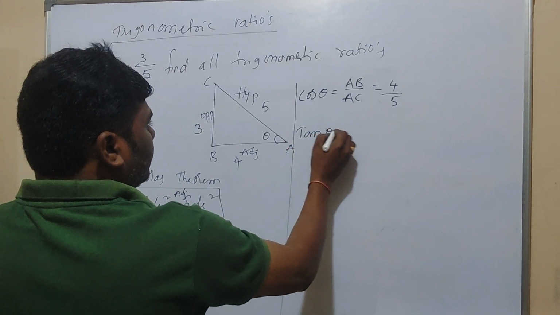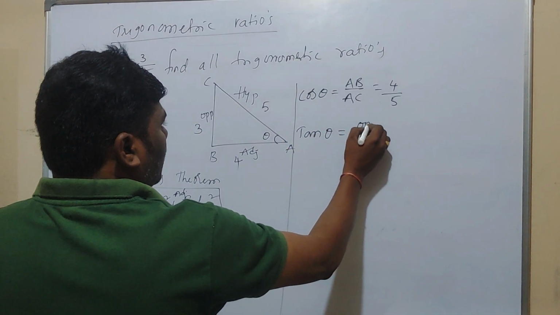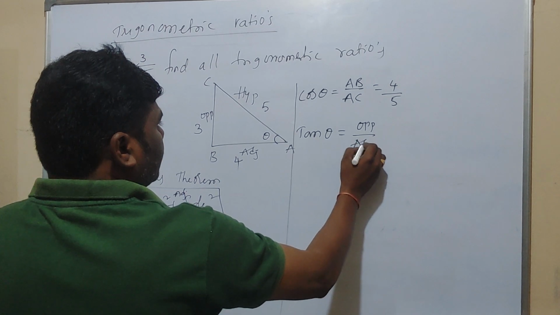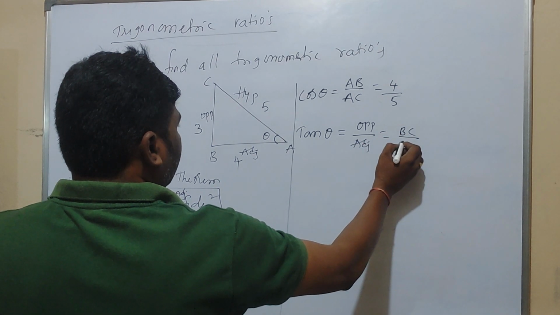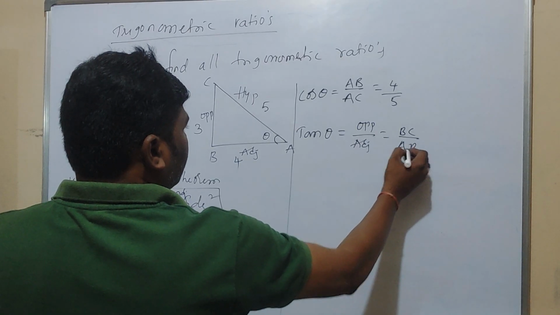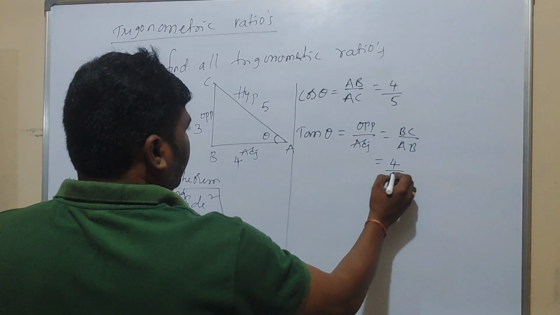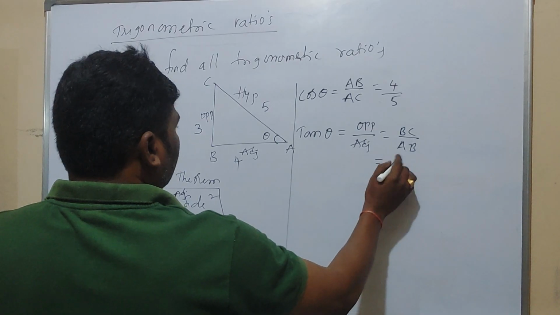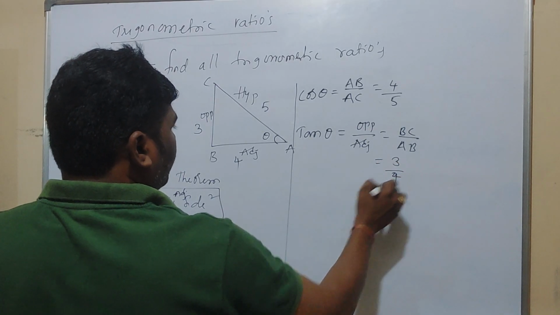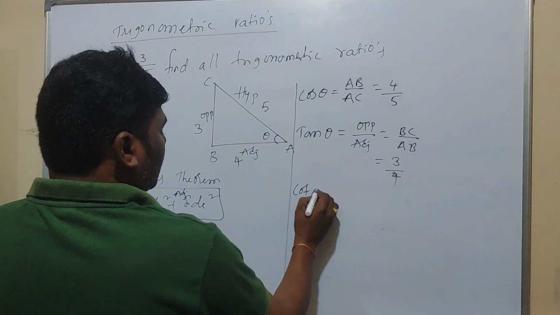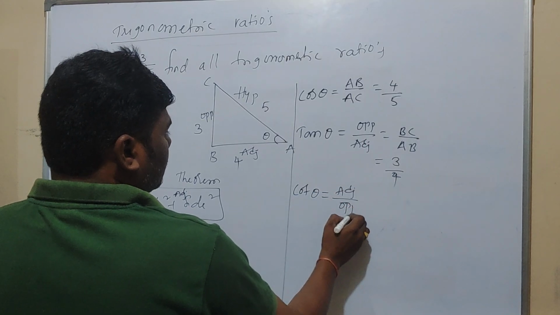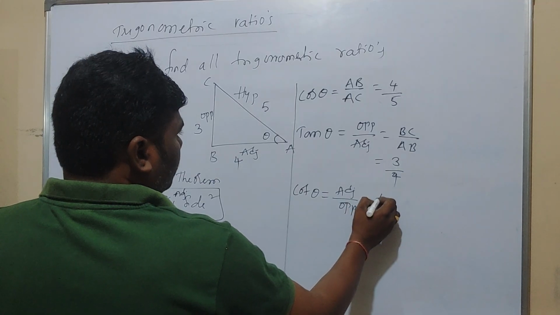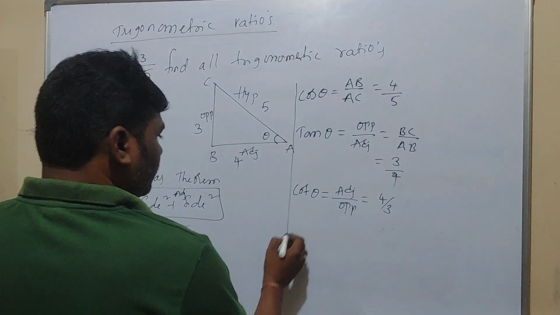Tan theta equals opposite by adjacent, which is BC by AB, equals 3 by 4. Cot theta equals adjacent by opposite, that equals 4 by 3.